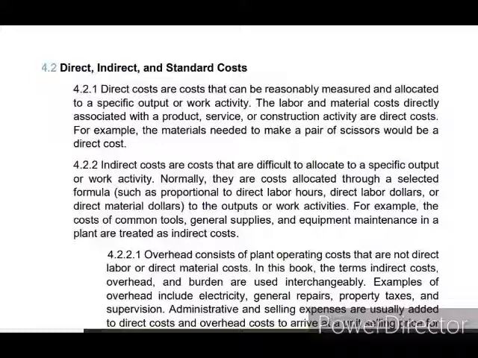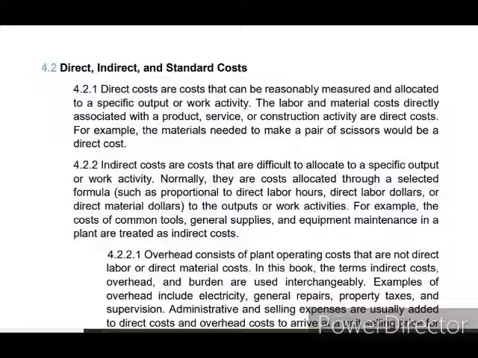For example, the materials needed to make a pair of scissors would be a direct cost. So it is a direct cost if it is a resource, or a cost that is made from acquiring resources to make the product.